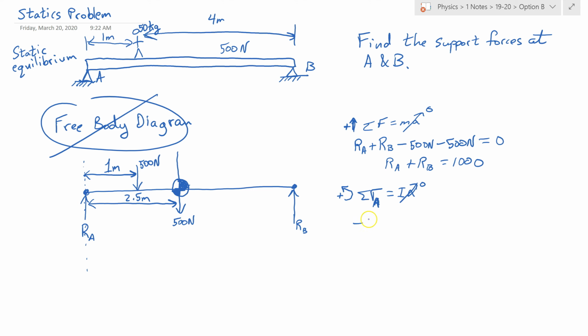So negative, the distance from this point is 1 meter, and then the force itself is 500 newtons.